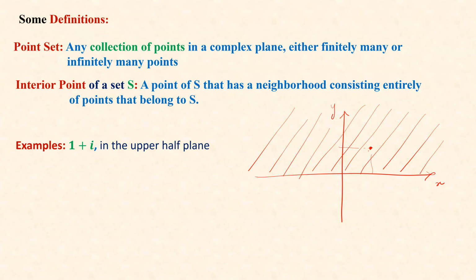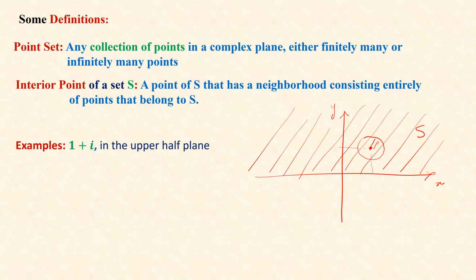Why is that an interior point? Because there is a neighborhood around this point that has all its points inside that set. A point of S that has a neighborhood consisting entirely of points of S. So this is S, this is the point, and it has a neighborhood of radius rho.